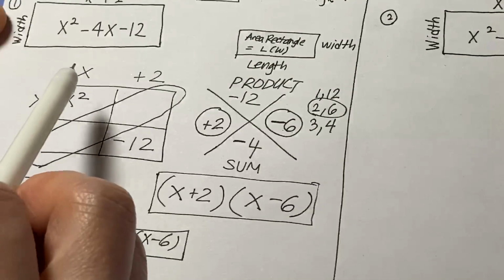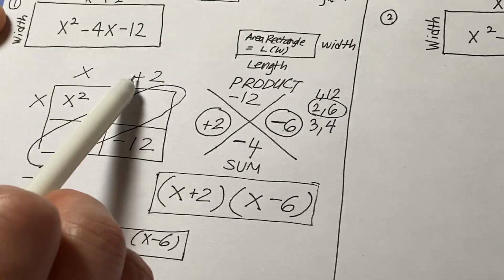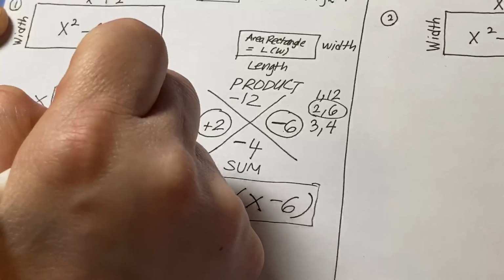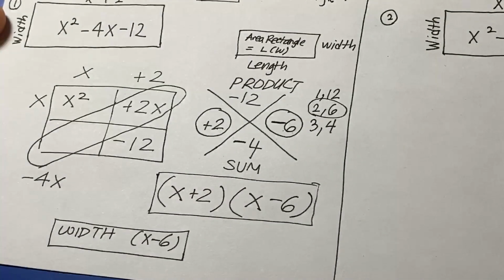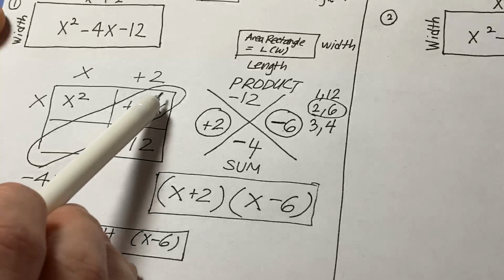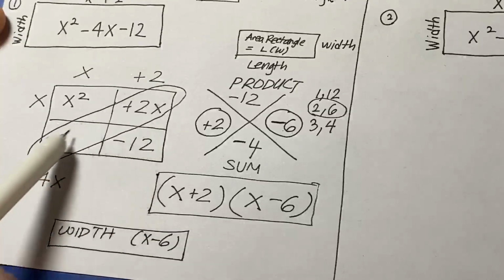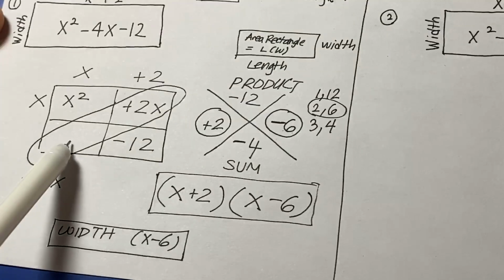And so if I were to continue the multiplication box, I have x times positive 2, which is positive 2x. Now, if you look at the situation, diagonally, these two terms have to combine to give me a negative 4x. Well, what number is missing here?